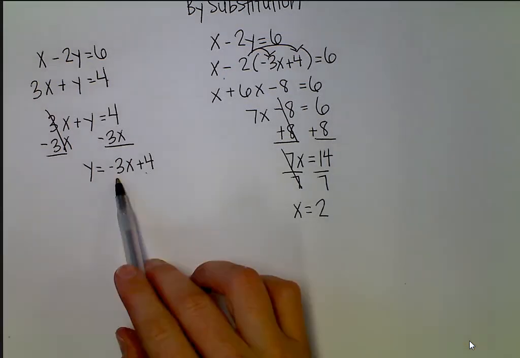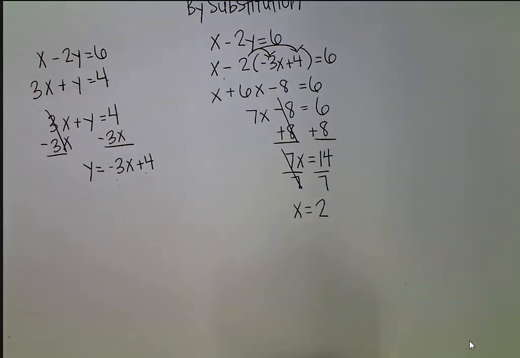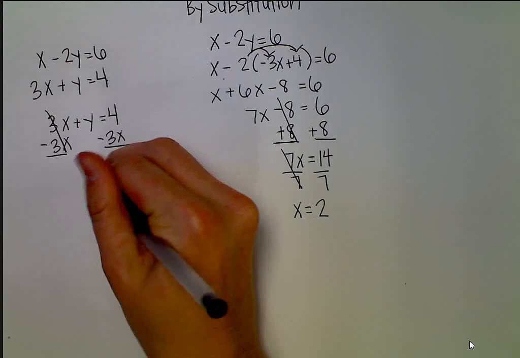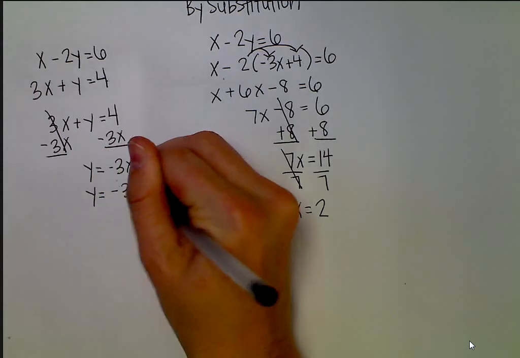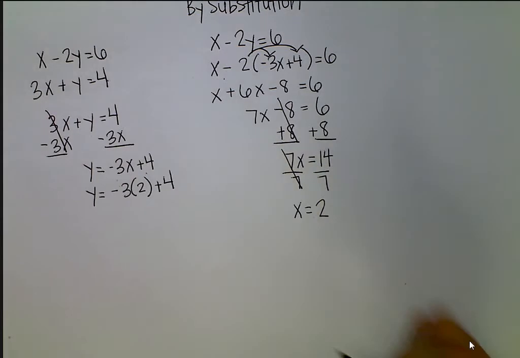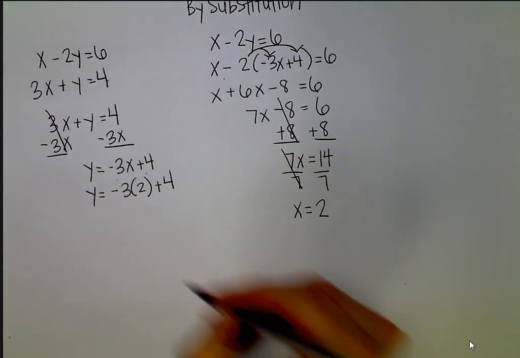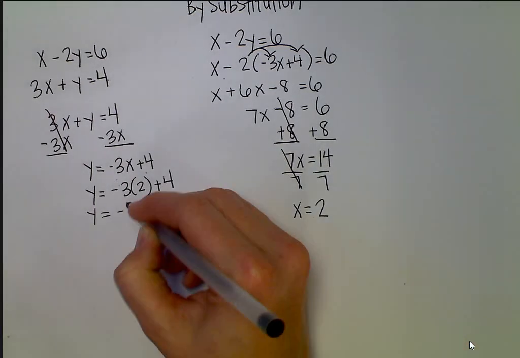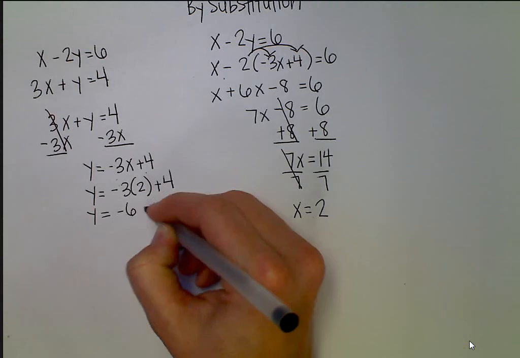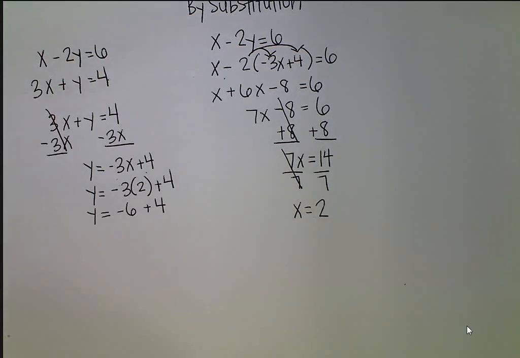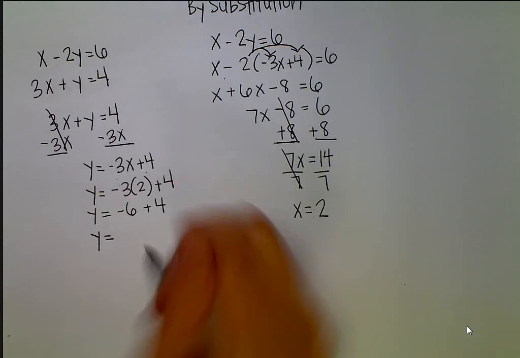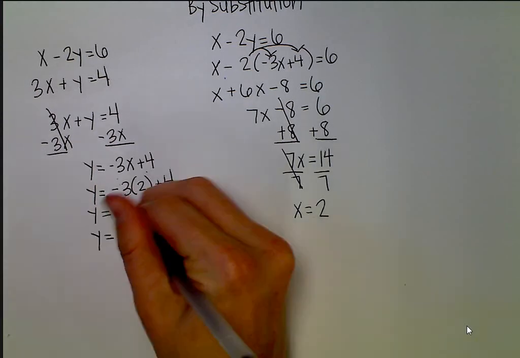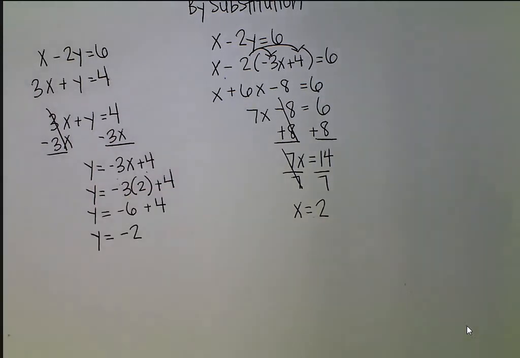This will tell me what my y equals. Negative 3 times 2 is negative 6, and negative 6 plus 4 is negative 2. My ordered pair will be 2, negative 2.